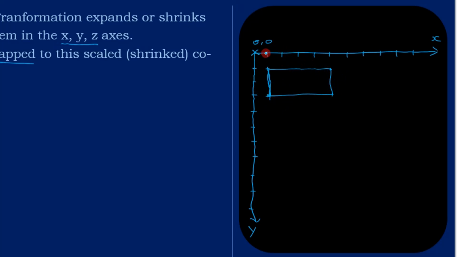Let's assume each is 1 unit. From here we are starting, right? 1, 2, 3, 4 units. So the rectangle width is 4 units and height is 2 units.